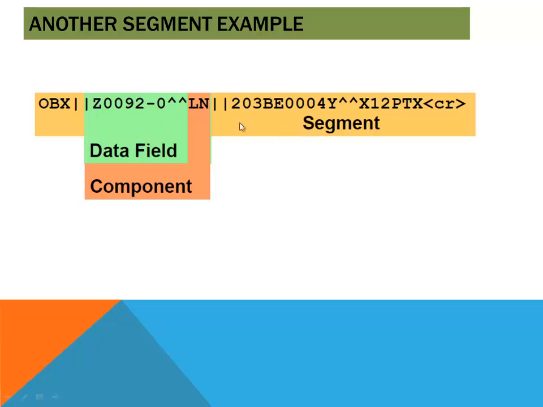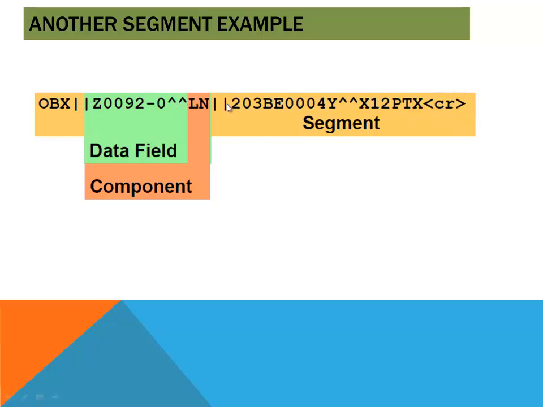So, in this segment, we have some characters. Also, we have some numbers. We have different symbols. Also, we have found some vertical bars, characters, and the return key.